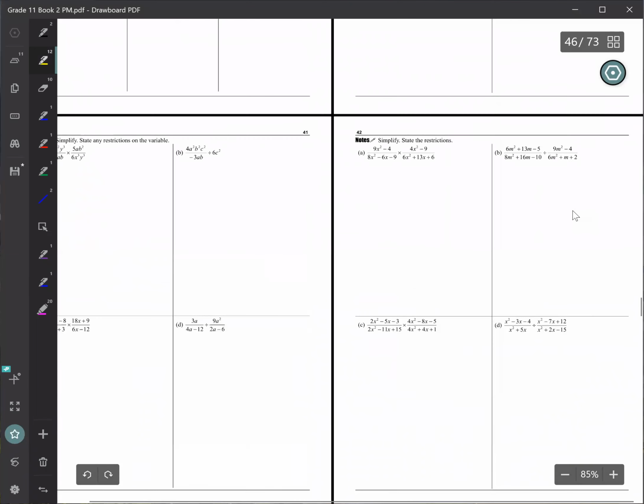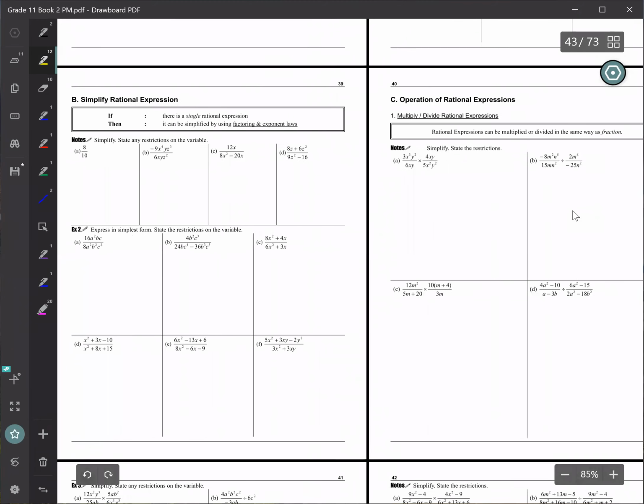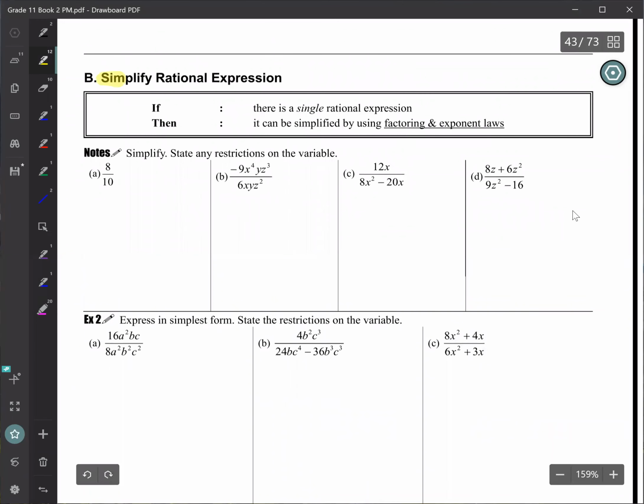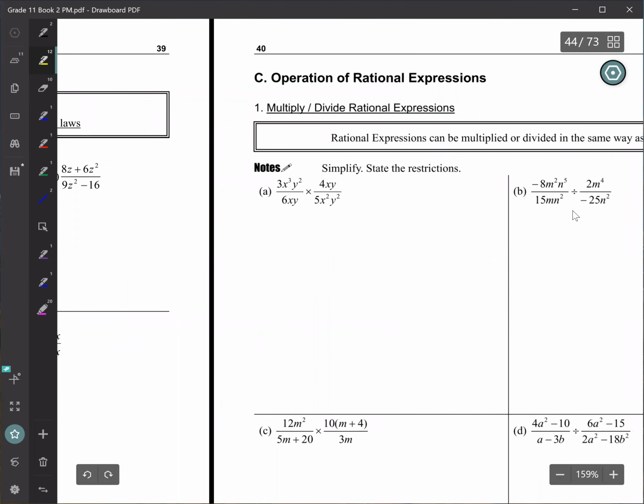And after we talked about restrictions, the next page is simplifying, how to simplify a fraction. Rational is a fraction. And then part C, operation. Operation includes the four operations.